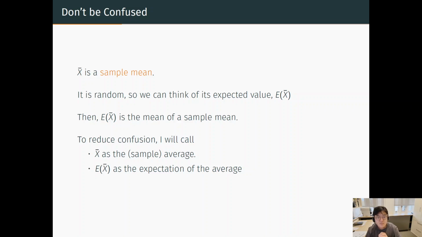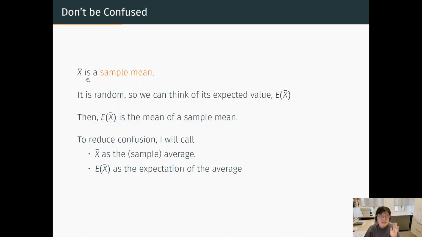But I said it is random, so you can think about its mean. That means X bar is already a mean of data, but we are talking about its mean again. What is the difference? It's the mean of the sample mean, right? This is where many people are confused.